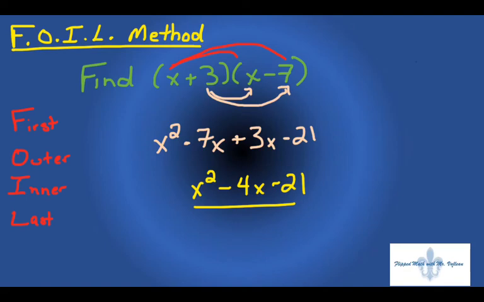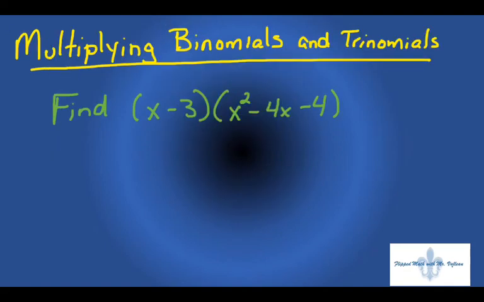Now, the last thing we're going to go over is how we multiply binomials and trinomials. Previous to this, we've done just binomials. Now we've got a trinomial we need to deal with, and we can use the exact same method. Anytime you take a term from the first grouping, you have to multiply it by each term in the second grouping.